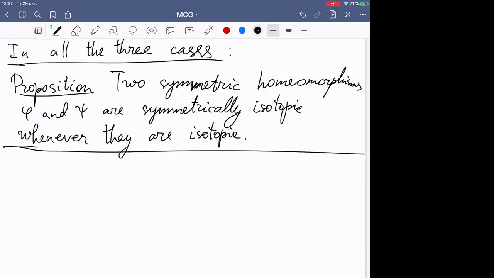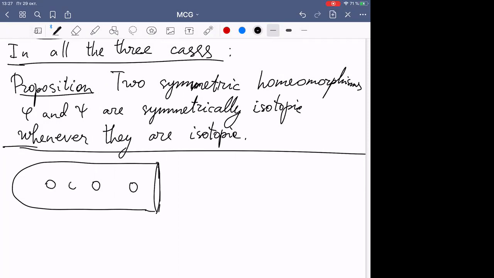Okay, we will prove this proposition in the case of a surface with one boundary component. The proofs in the two other cases are completely similar.